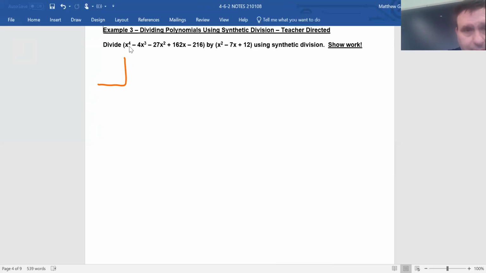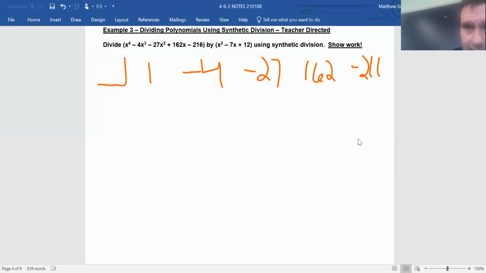But you notice in your dividend, which is in the 4th degree, you have 5 coefficients. You have 1 for x to the 4th power, -4 for -4x cubed, negative 27x squared, 162, negative 216.